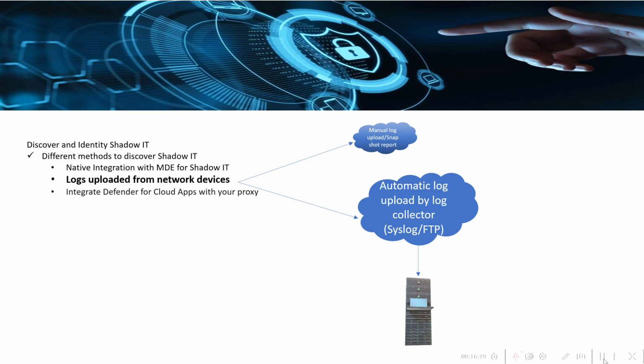To analyze the traffic from the on-prem resources also, this can be done, where you can have this Docker installed on-premises, either on Windows or Ubuntu or RHEL, or any of these platforms, you can install the Docker.